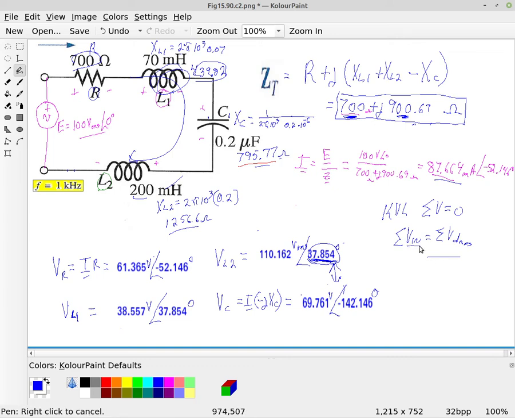So the voltage supply is equal to all the voltage drops. So what does that mean? It means that our supply voltage E, which remember is a vector, and these are all vectors too, is equal to VR plus VL1 plus VL2 plus VC.